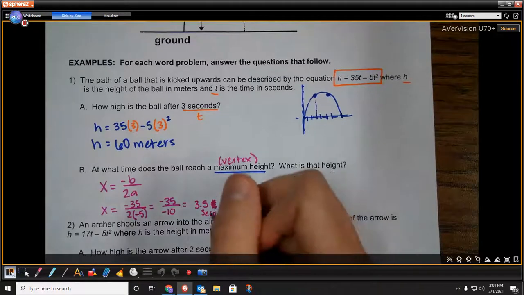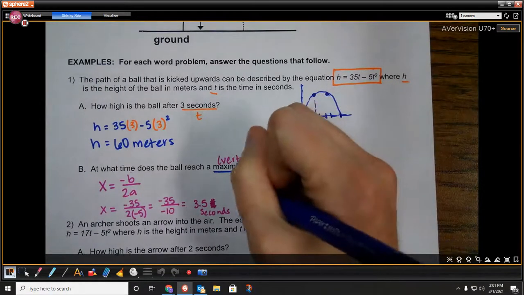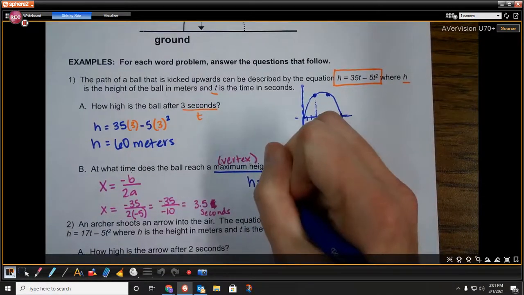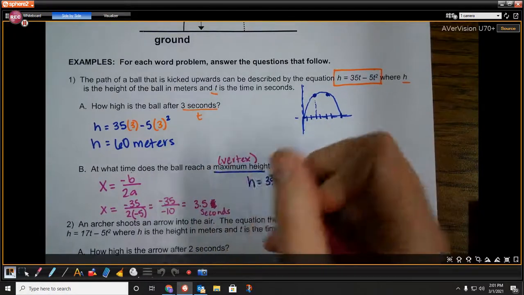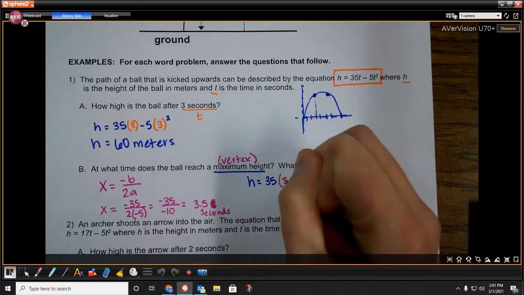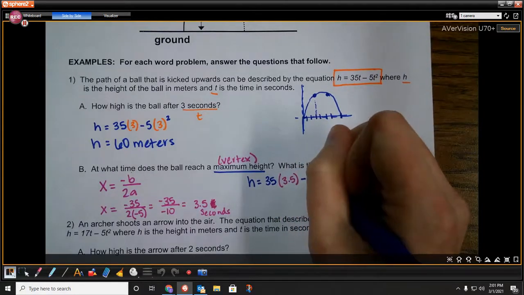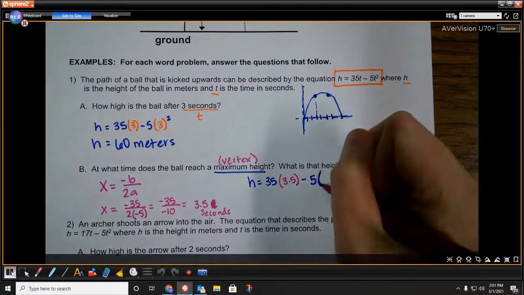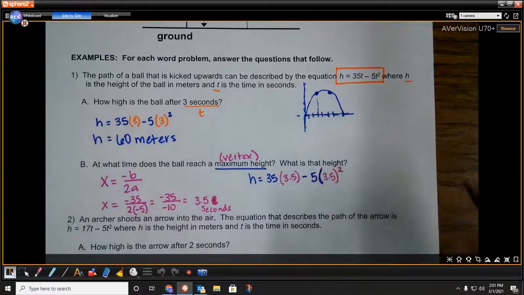So now we want to figure out, what is the height at 3.5 seconds? So what we're going to do is take that 3.5 and plug it into our equation. So we say h is equal to, well, our original equation was 35t. My new t is 3.5, minus 5 times t squared, so that's 3.5 squared, okay?